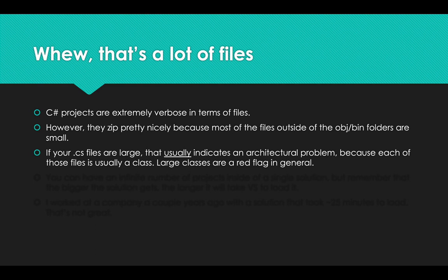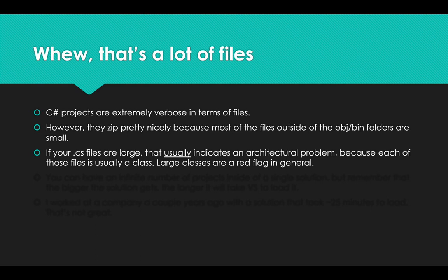So in the situation where you're trying to zip up your solution, and the solution zip file is still gigantic, a lot of the times this is because you have created this monolithic, gigantic CS file that itself is not super compressible. If you have a solution that has tremendously huge CS files, typically that's an indication that you have some sort of architectural problem, some architectural debt somewhere, where you have maybe multiple concerns in the same CS file.